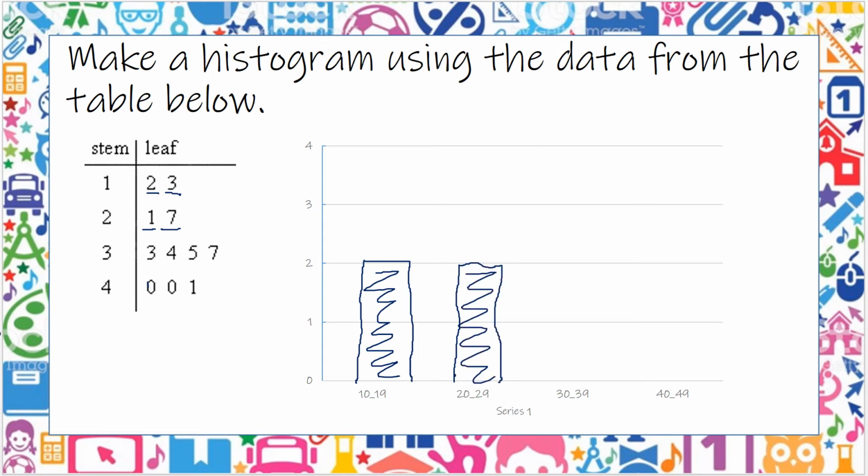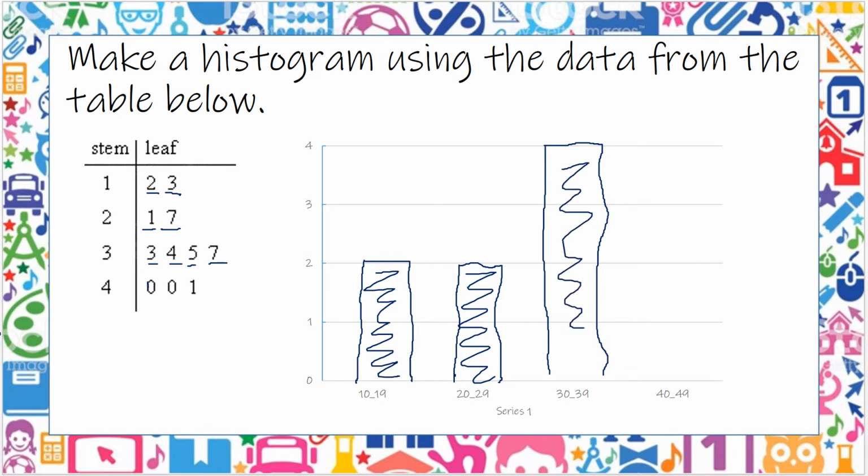How many do I have between 30 and 39? 1, 2, 3, 4. And then last, 40 to 49, I do have 1, 2, 3 numbers. So I'm going to draw a column up to 3. And that is how we're going to make this histogram.